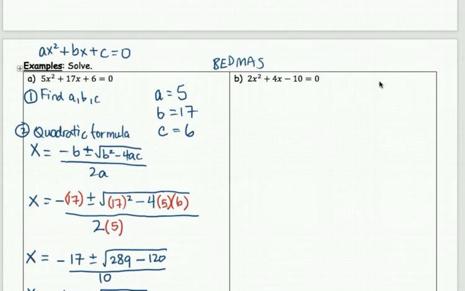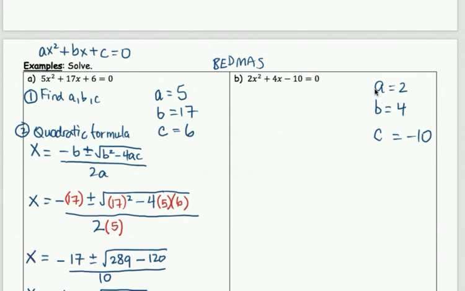So just go right to finding ABC here. Okay, so A here is 2. B is 4, and C is -10. Then if you wanted to find the greatest common factor, you can. You end up then working with nicer, smaller numbers.